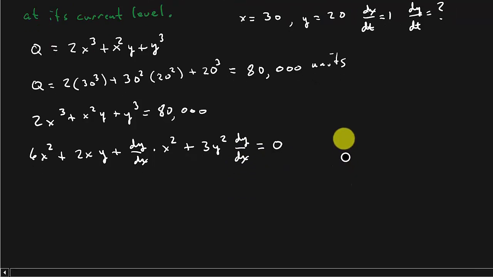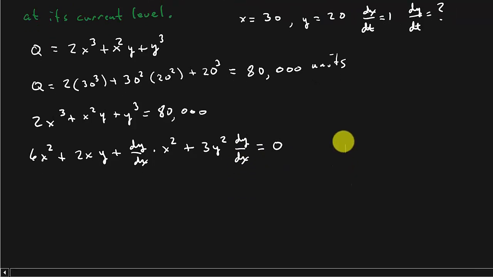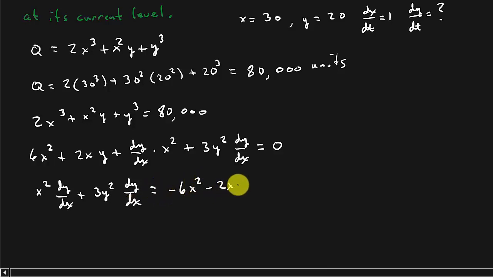Okay, so now we solve. We're going to get x squared dy/dx plus 3y squared dy/dx equals negative 6x squared minus 2xy.